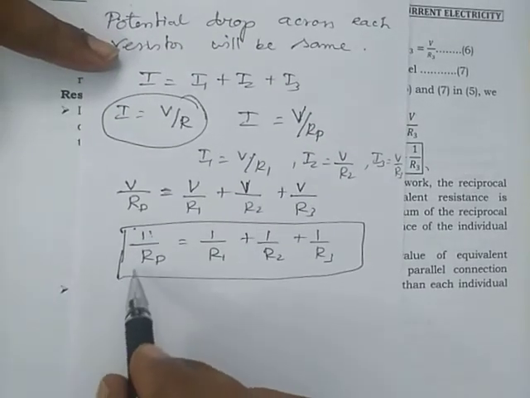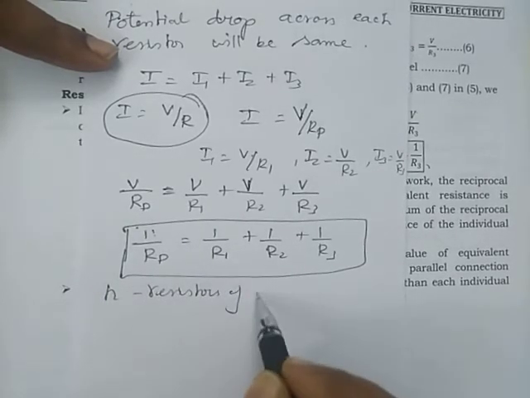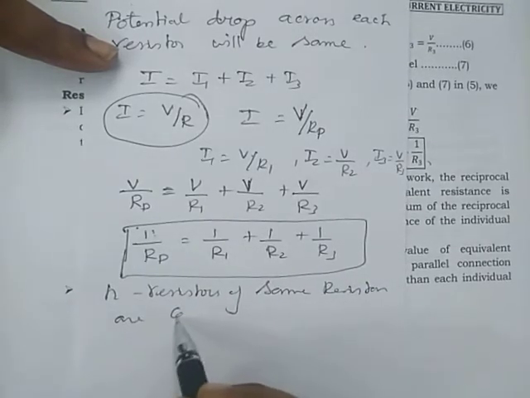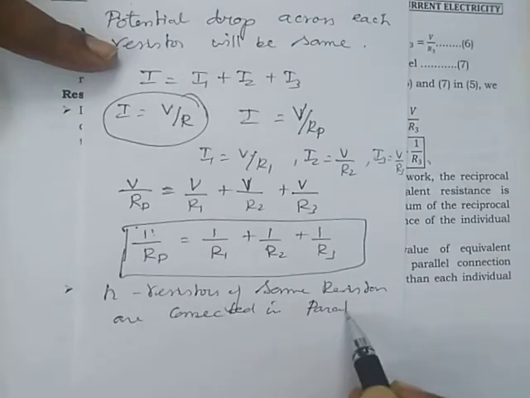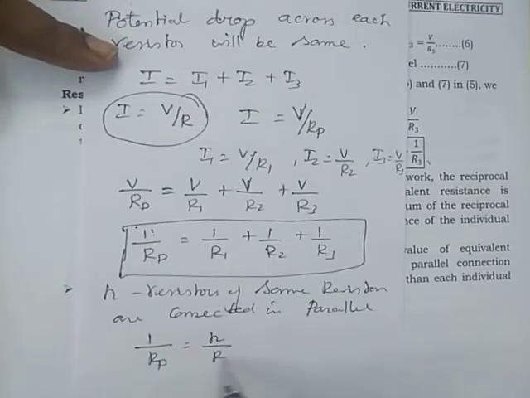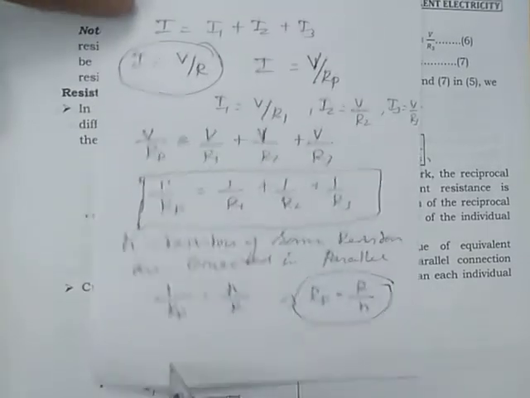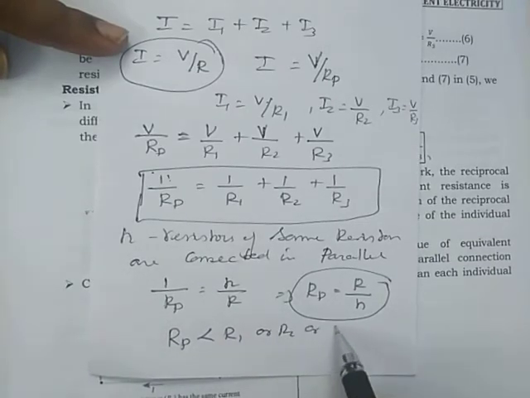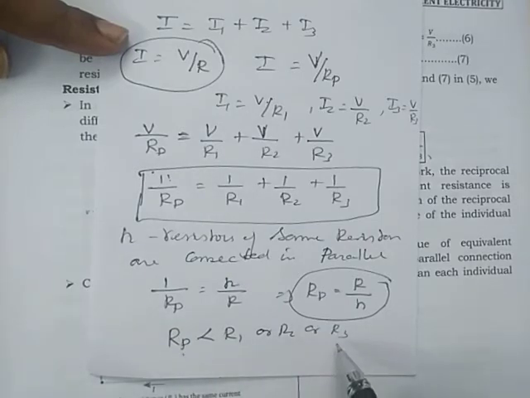If n resistors of the same resistance are connected in parallel, in this case we can write 1 by Rp is equal to n by R, then Rp is equal to R by n. Always the value of Rp is less than R1 or R2 or R3. The effective resistance is always less than that of the individual resistance.